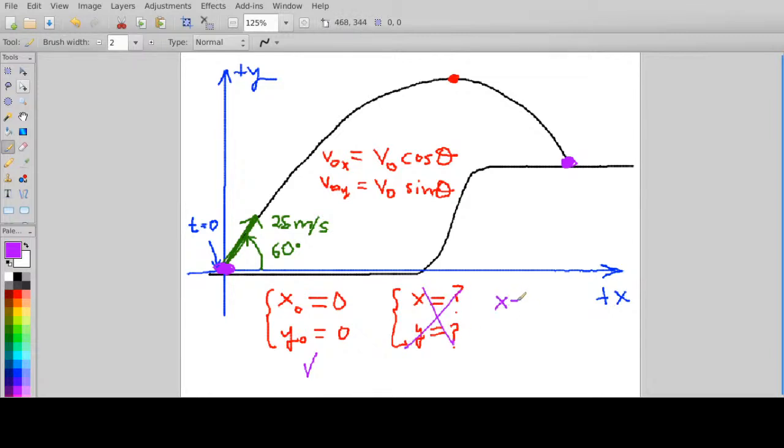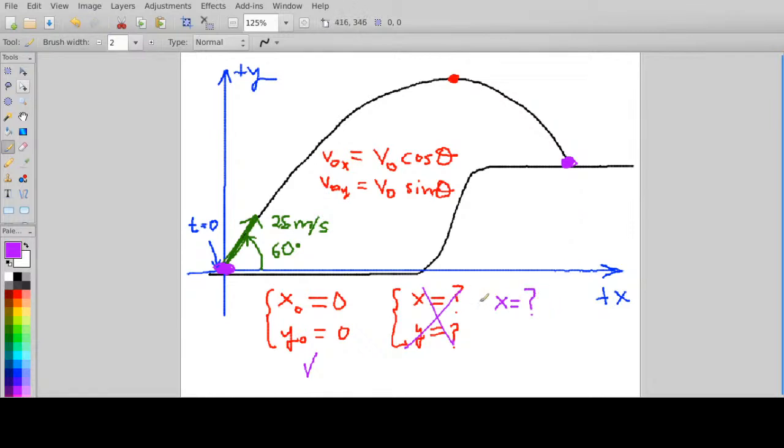So X is equal to, let's take a look. X is how far you move along the x-axis, and if you read the problem, you don't know. In fact, that's one of the questions: how far did it travel horizontally? So that's a question mark.